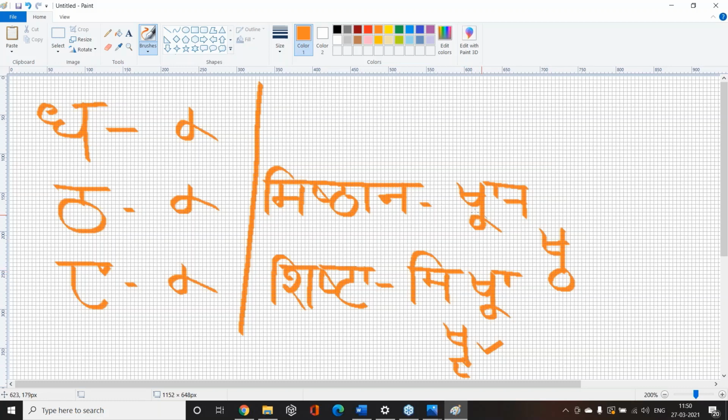But yes, in the old text, this is also one way of writing t and th. And we already know that the ra would always be written like this. There is no exception while writing the ra. We will never write na and then the ra like this. This is not a combination. Never.